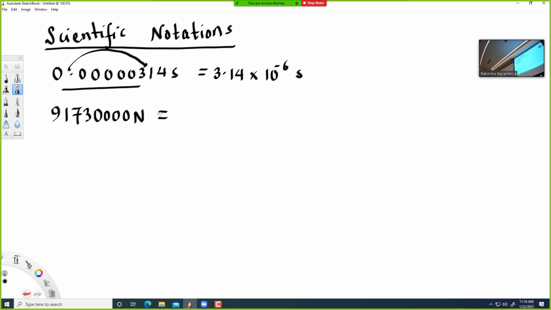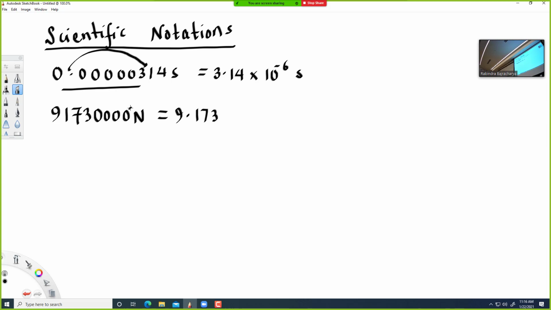Likewise here, you write the first digit and then put your decimal here and then write the non-zero numbers. And then if you have no decimal here, you consider the decimal is at the end, after the last number, okay? So here is your decimal.